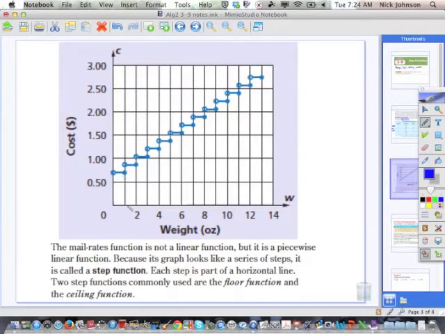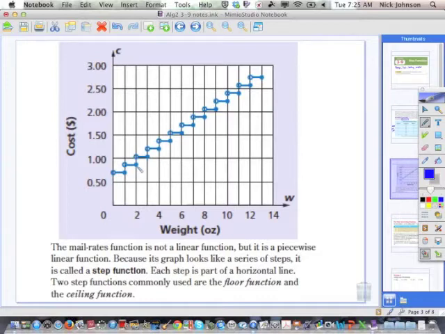The minute it gets to an ounce, you're still paying 70 cents. But the moment it gets to 1.2, now my function costs me 17 cents plus 70 is 87 cents. And this denotes 87 cents all the way until you get to 2 ounces.